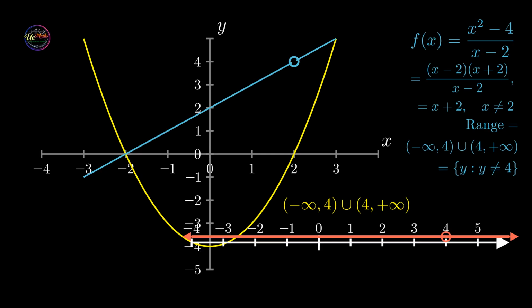But x equals 2 is excluded, so y equals 4 is never achieved. The range is all real numbers except y equals 4. Range equals the union of the open interval from negative infinity to 4 and the open interval from 4 to positive infinity.